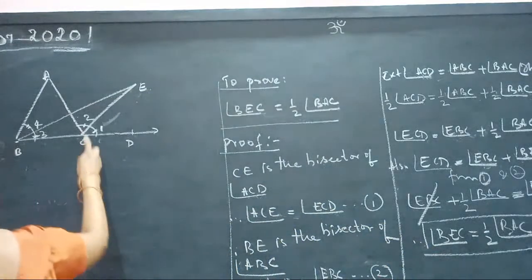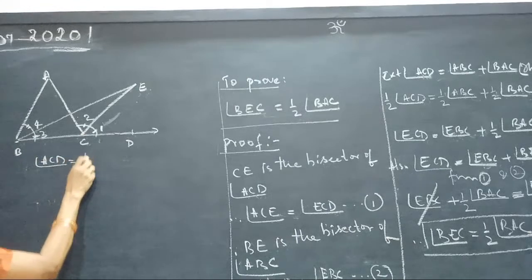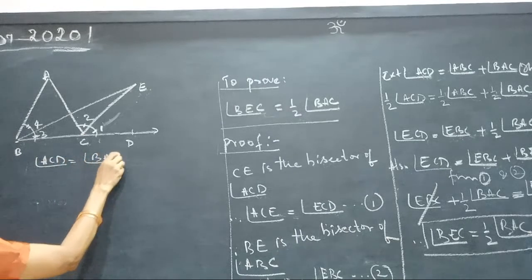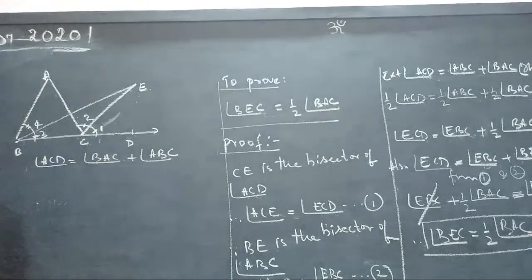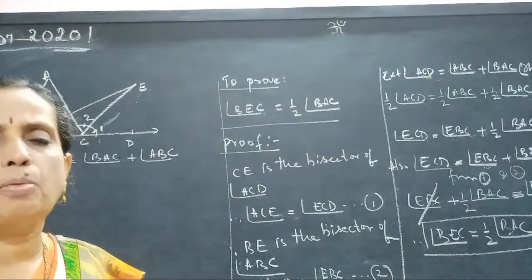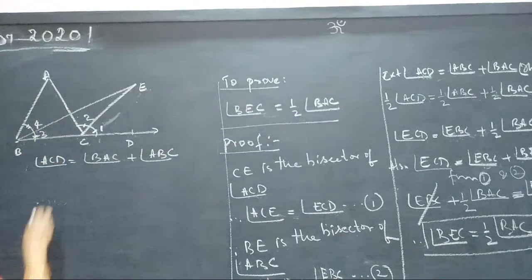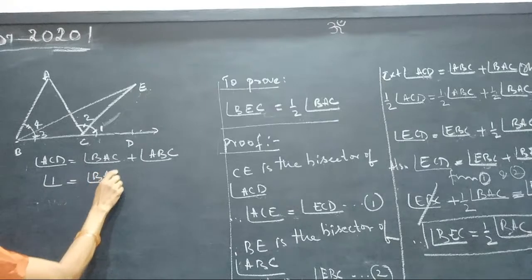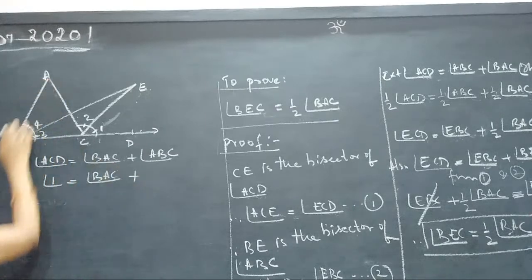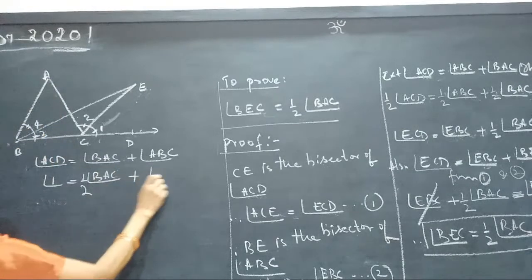Now, exterior angle ACD equals angle BAC plus angle ABC. This is an application of theorem 6.8. Next, half of ACD, I will take it as angle 1 equals angle BAC plus half of angle ABC as angle 3.